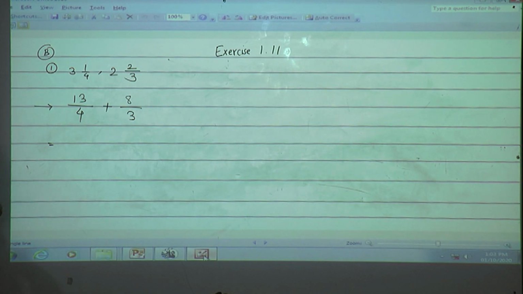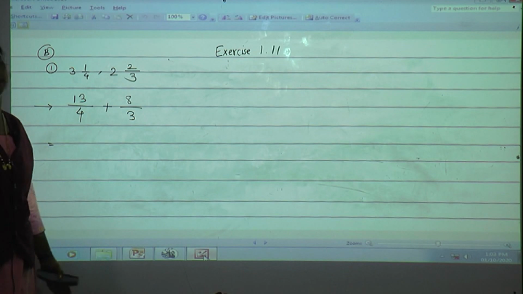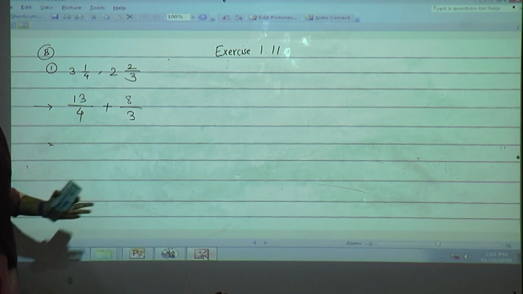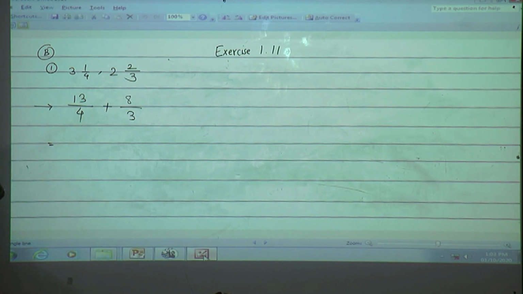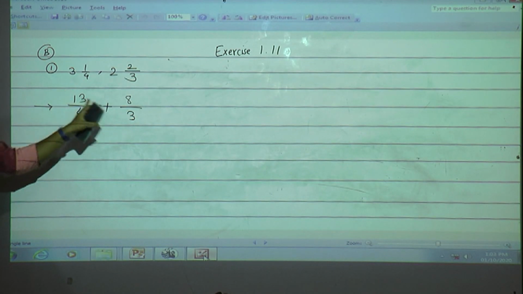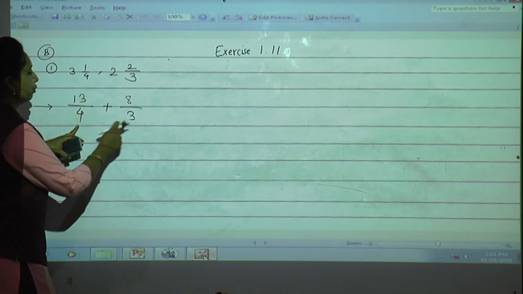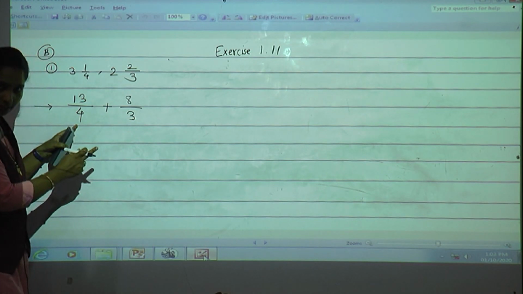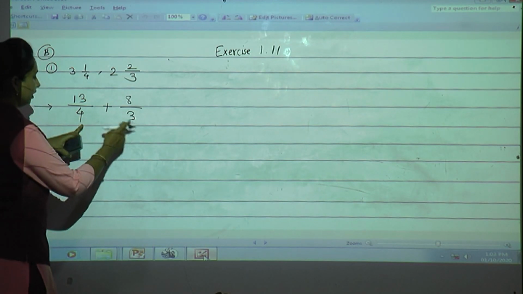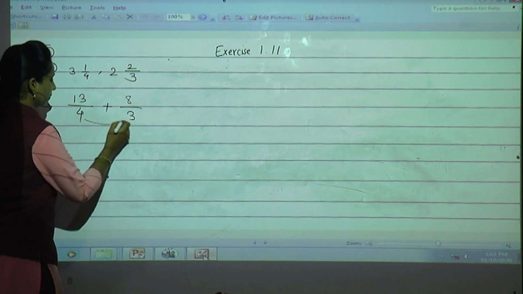See, today I am going to teach you the shortcut method of LCM. We were doing so many steps, so how you can reduce the steps, today I am going to teach you. Just observe properly how we can find out the LCM directly by seeing these two improper fractions. You have to see both the denominators and multiply both the denominators.